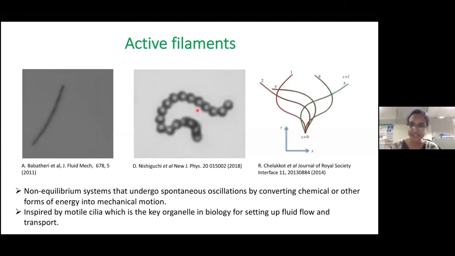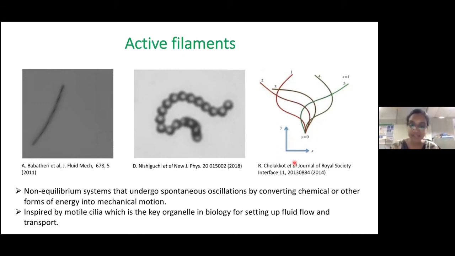There have been theoretical studies where the authors considered a chain of polar active colloids, which underwent a self-induced buckling instability due to the compressive stresses imposed by the active spheres. All these examples are trying to mimic what is called ciliary beating.